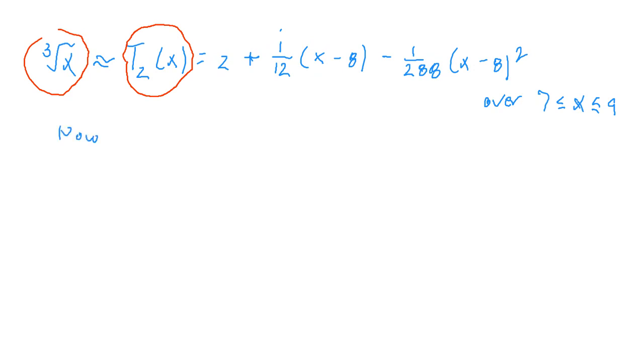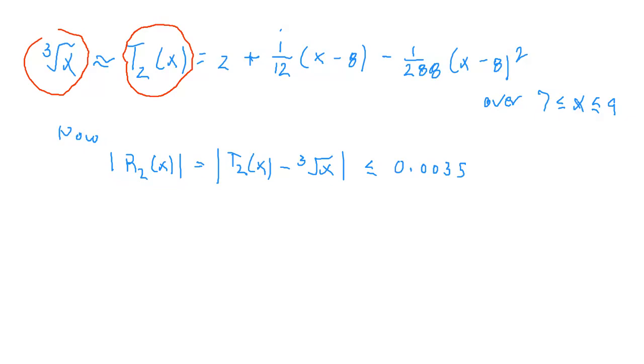And we learned from Taylor's inequality that the absolute value of the difference between this Taylor polynomial approximation T2 of x and the cube root of x is less than or equal to 0.0035.